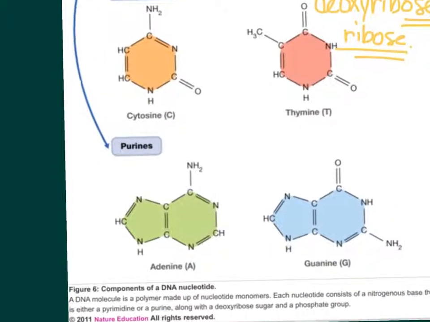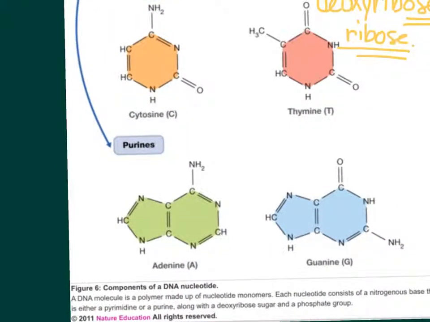And these are what they look like. So we have cytosine in the top left and thymine, top right. And you'll notice that in their structure, they are 1 ring big. So when I refer to a ring in chemistry, that's what we're talking about.